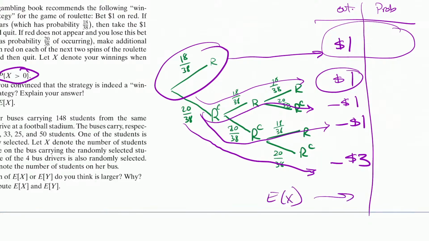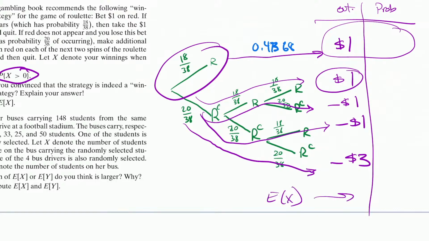So you've got 0.473.68. I think that's why this is so tricky. 20 divided by 38 times 18 divided by 38, darn it.